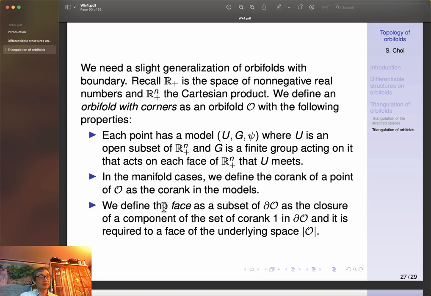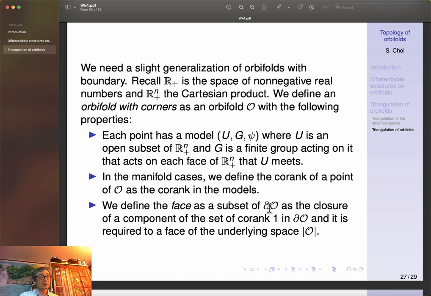So we define a face of ∂O as the closure of a component of the set of co-rank 1 points in ∂O, and it is required to be a face of the underlying space of O also.